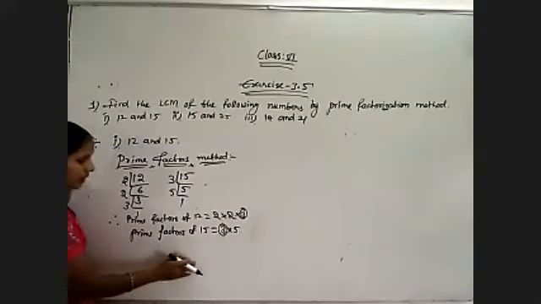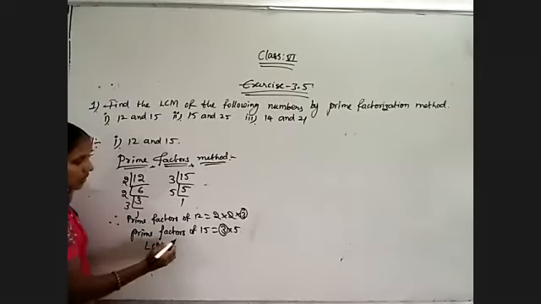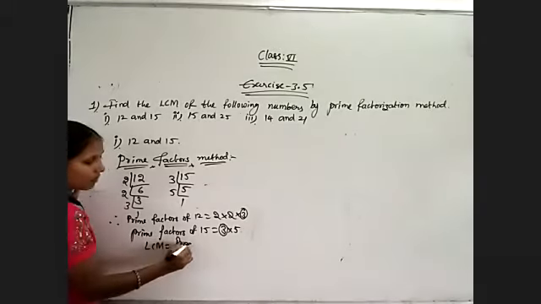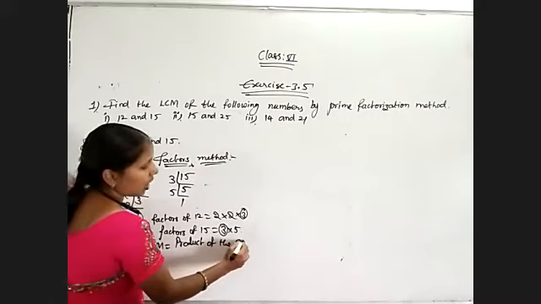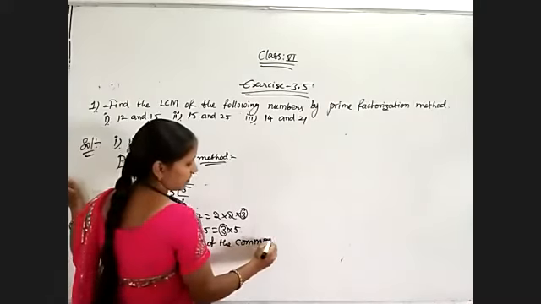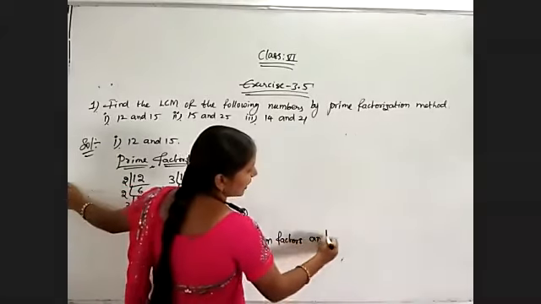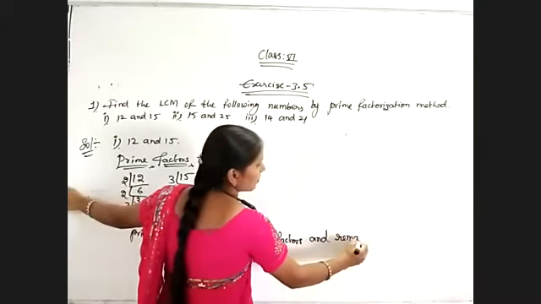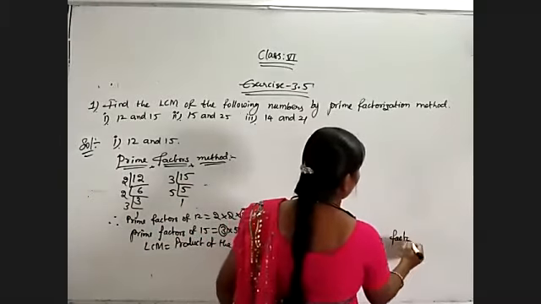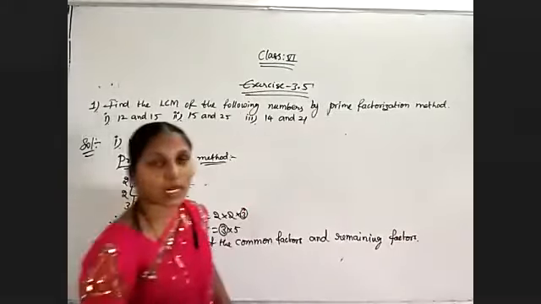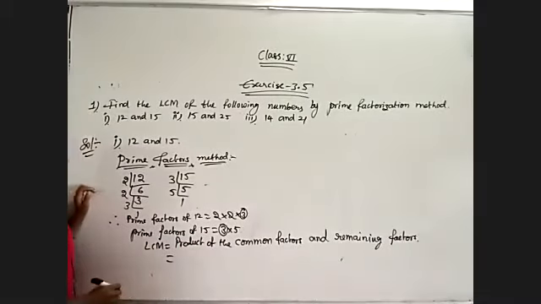Therefore, LCM of the given numbers is equal to product of the common factors and remaining factors. Yes or no? So this is the formula. LCM is nothing but product of the common factors and remaining factors. What are the common factors?